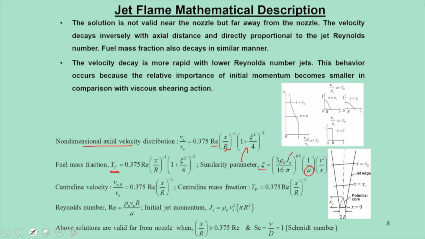This is how we find the jet characteristics. But one particular condition is that these solutions are valid when your X by R is greater than 0.375 Re. This is the minimum location where X by R is valid.